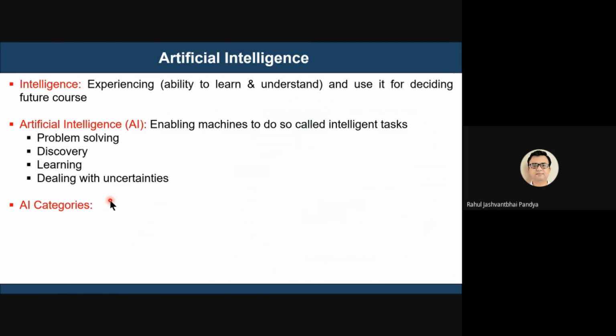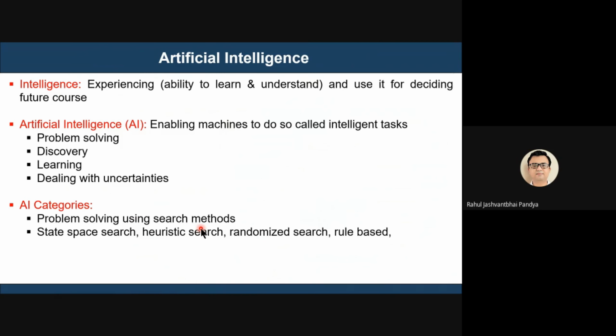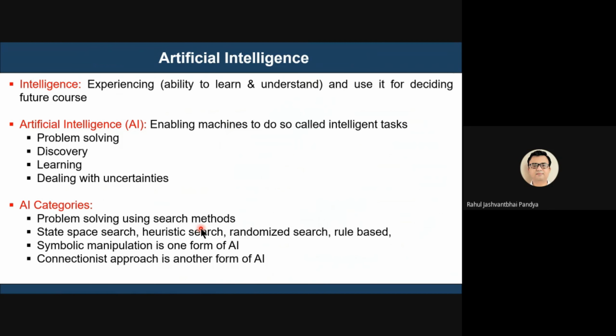There are different categories of AI, such as problem solving using search methods, state space search or heuristic search, randomized search, or search based on a particular set of rules, right?